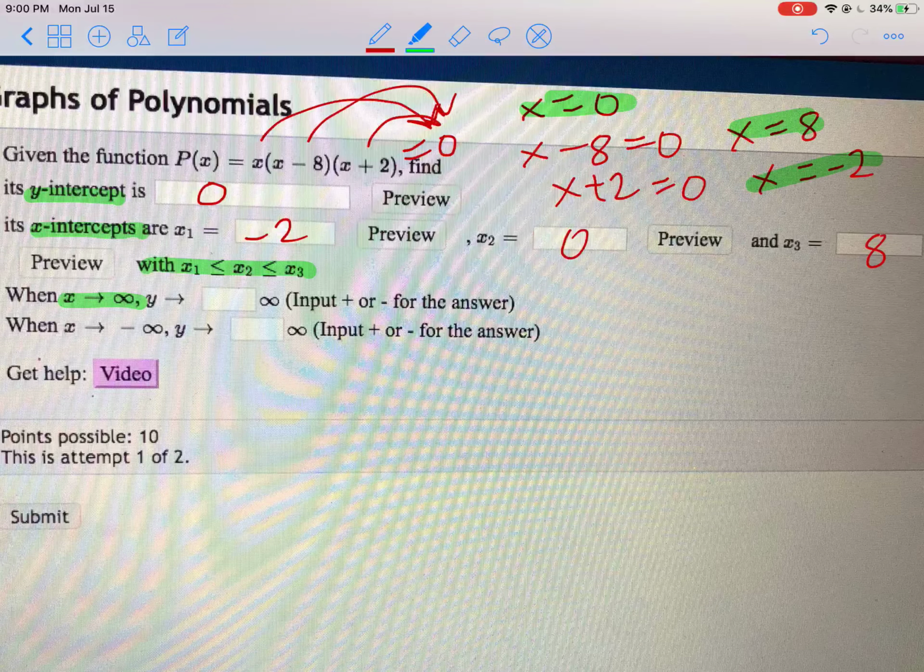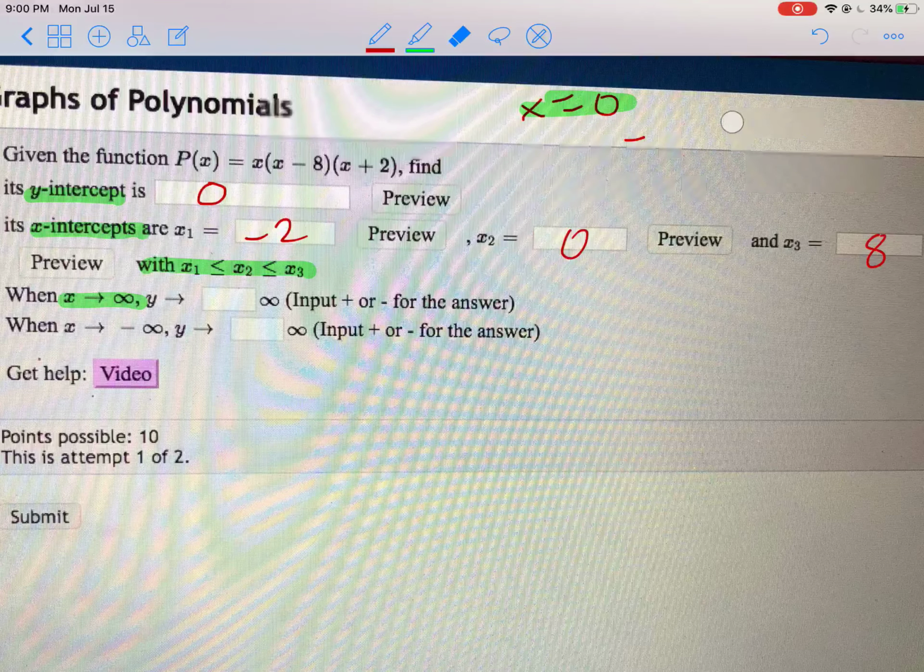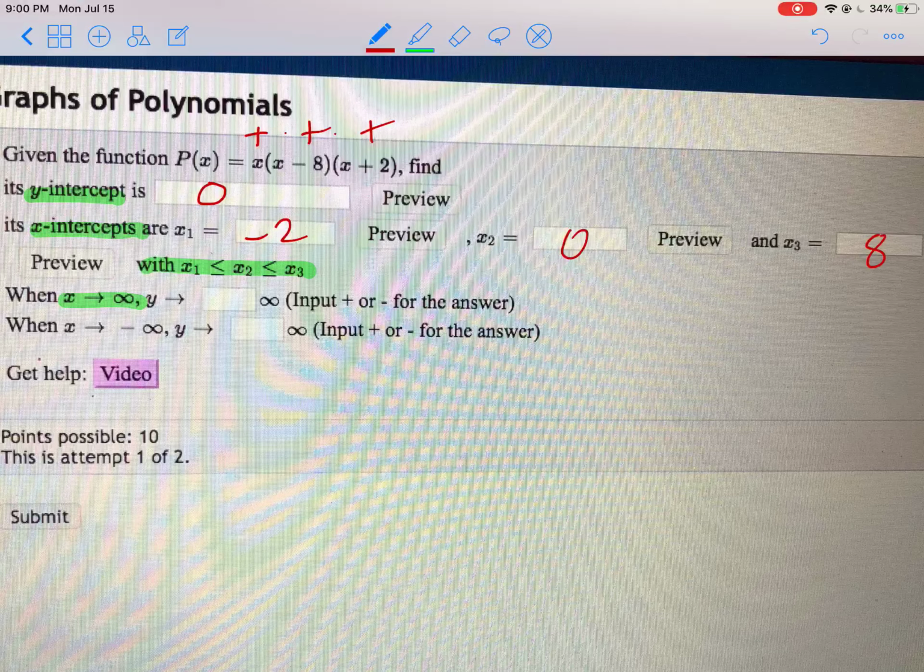And so you can see here, x going to positive infinity, let me clean this up, will have you plugging in very large positive values for x. So looking at each factor, you'd have a very large positive value for the first factor times a very large positive value for the second times a very large positive value for the third factor, and a positive times positive times positive, that's a positive.